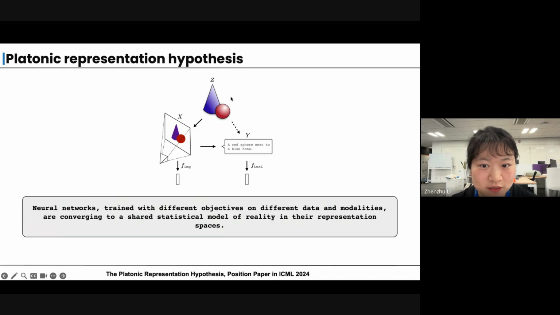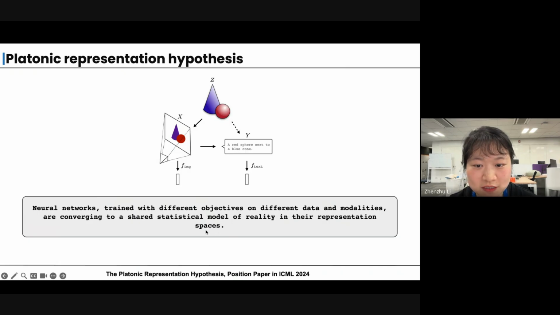The hypothesis says that different neural networks, trained with different objectives, on different training data, and also different modalities, for example trained on text or on images, have latent spaces converging to a statistical model of reality in their representation spaces.